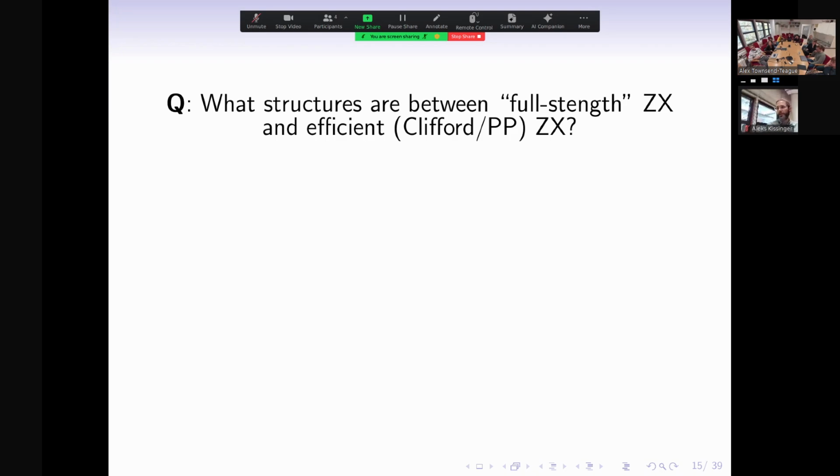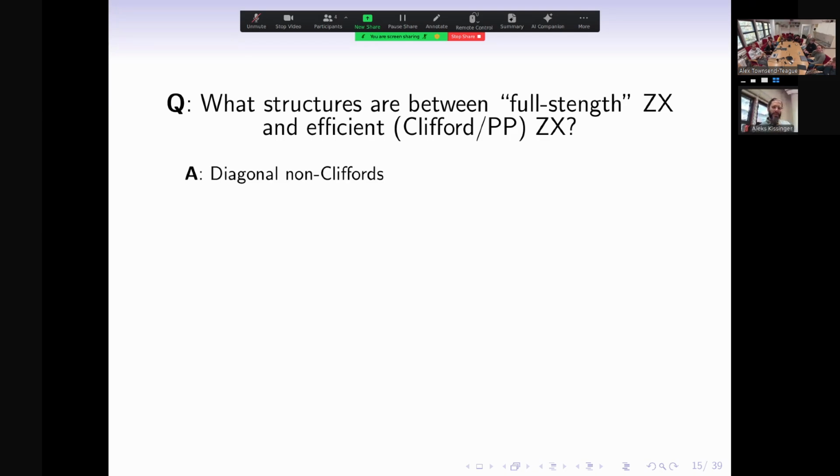We expect them to be QMA hard kind of problems. So we were wondering, is there any non-Clifford stuff that we can handle in useful ways with the ZX calculus? We already kind of know that because we've been using ZX to reduce the T count in Clifford plus T circuits for a long time. So we're trying to understand some of the non-Clifford structure of these things.